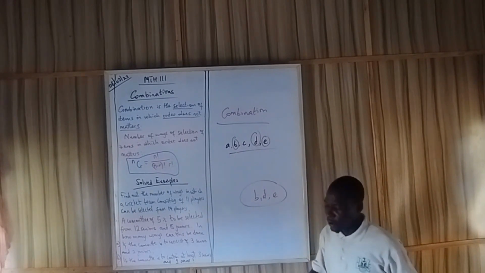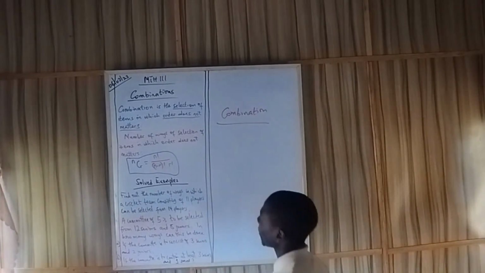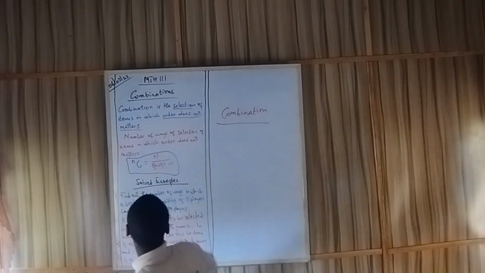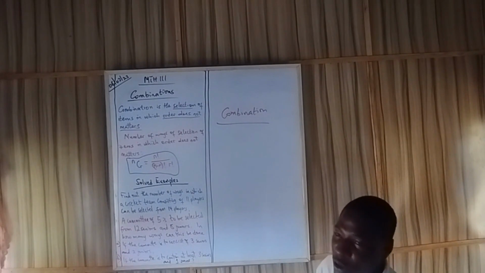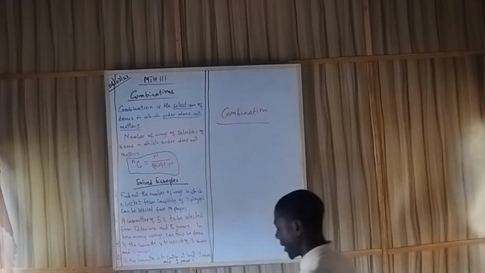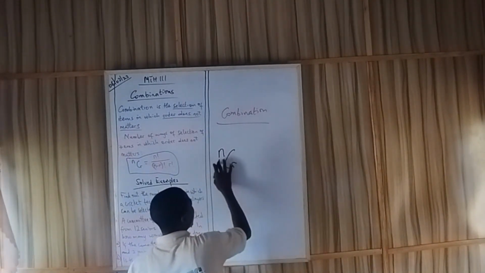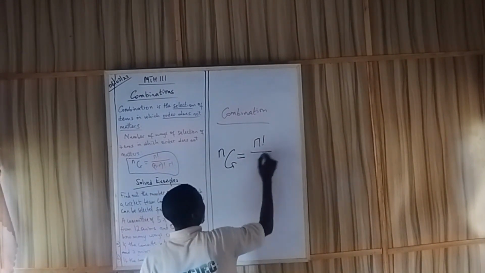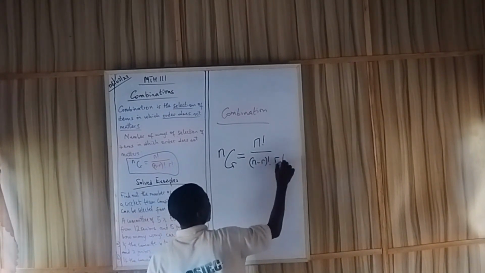Hope that is clear. Now, not taking much of our time, let's delve into how we can solve problems relating to combination. We have here the number of ways of selection of items in which order does not matter. The number of ways you can select items in which the order does not matter is given as n combination R, which equals n factorial over (n minus R) factorial times R factorial.